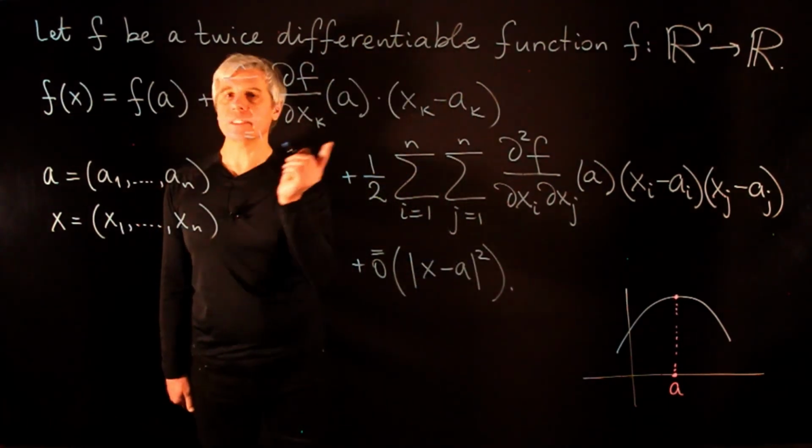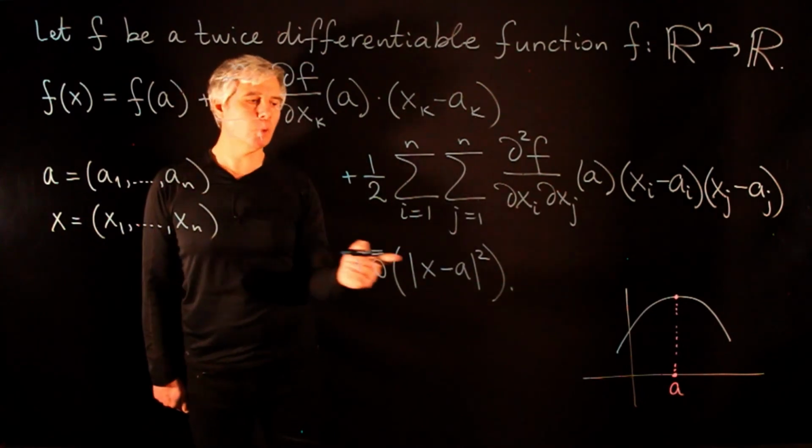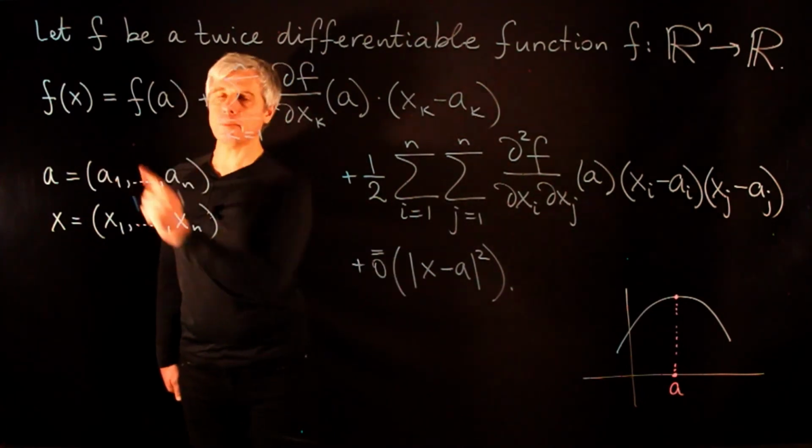A function is twice differentiable if it has the following approximation near the point a.